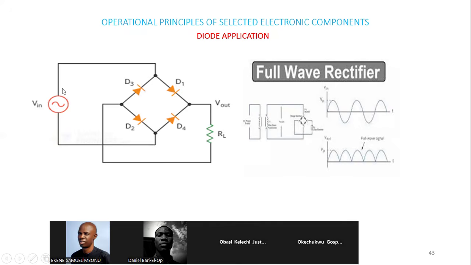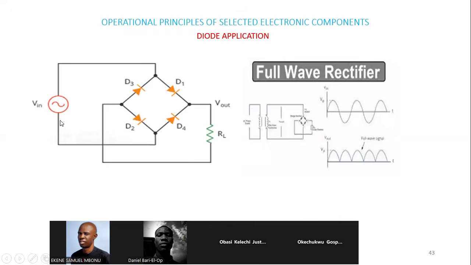Then D1 will conduct because here is positive, D3 will be reverse biased, D4 will be reverse biased, and D2 will be forward biased. So the current will flow from here through the load, through D2, and go back to the source.